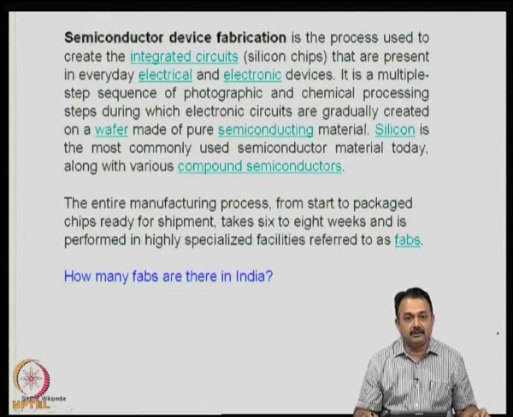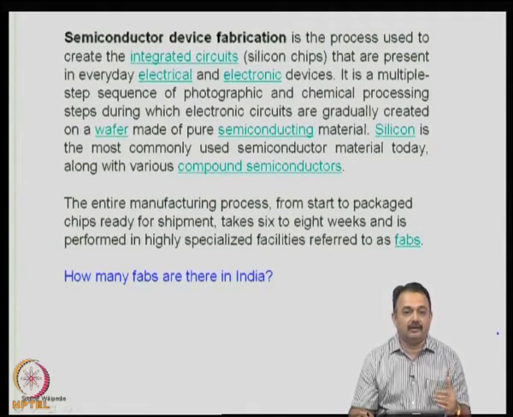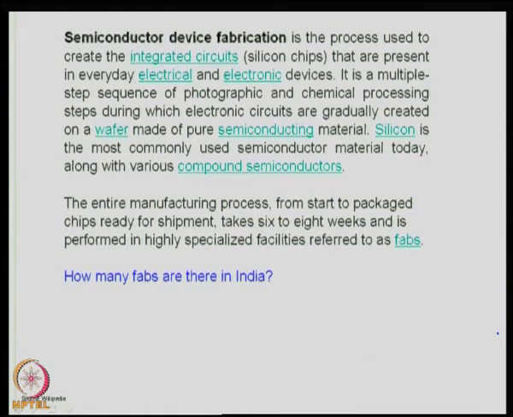It is a multiple step process or a sequence of photographic followed by chemical processing steps, during which process the electronic circuits are gradually created on a wafer made of pure semiconducting material.